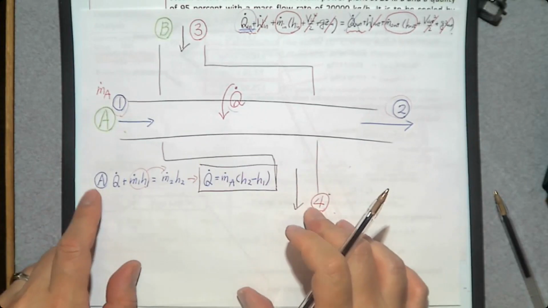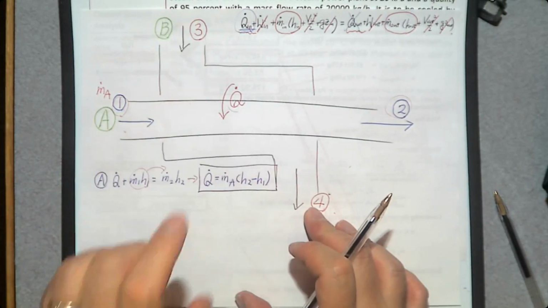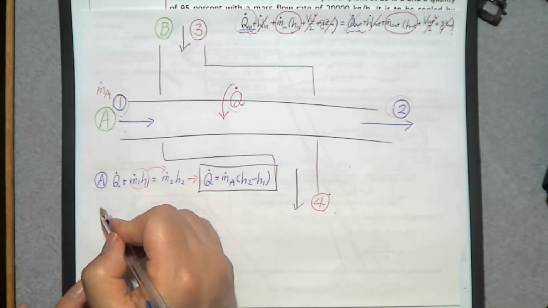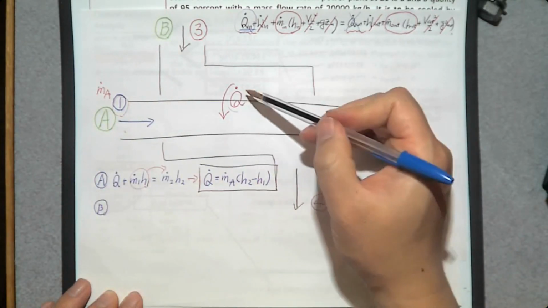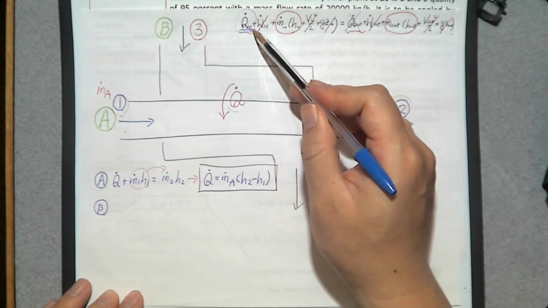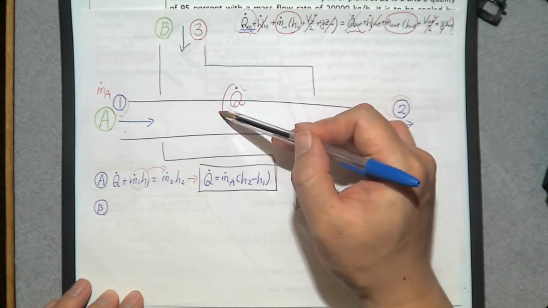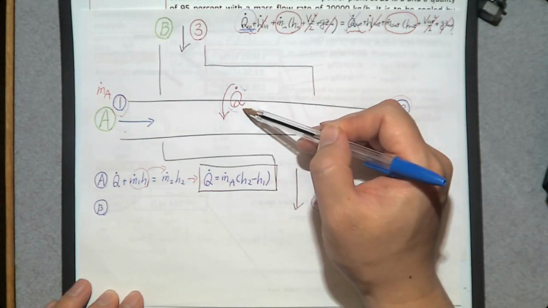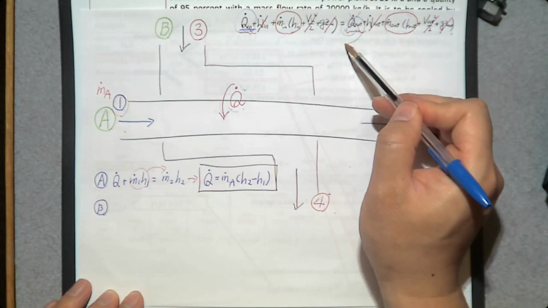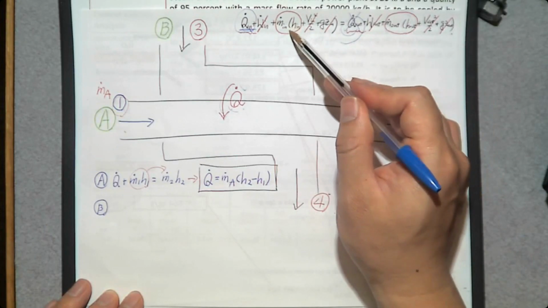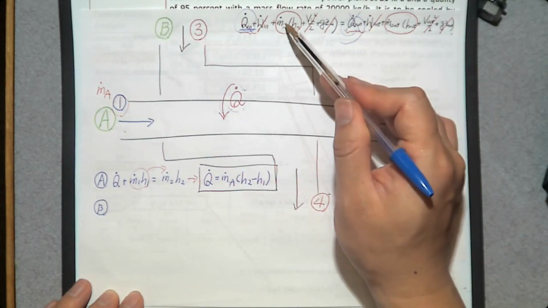What about fluid B? For B, do we have Q in? No, this one is an outgoing heat transfer rate, Q dot out. So let's consider the enthalpy transfer rate at the inlet.